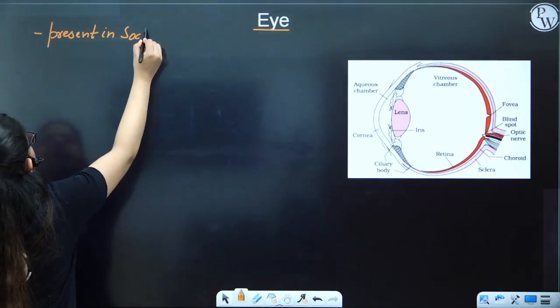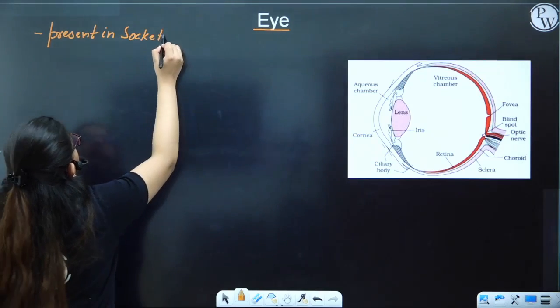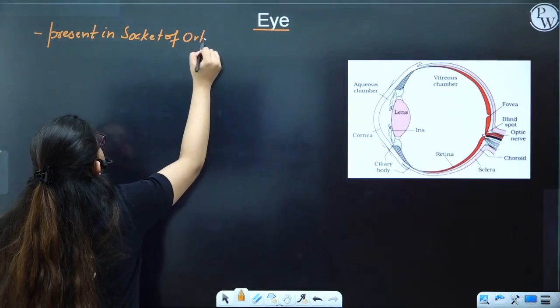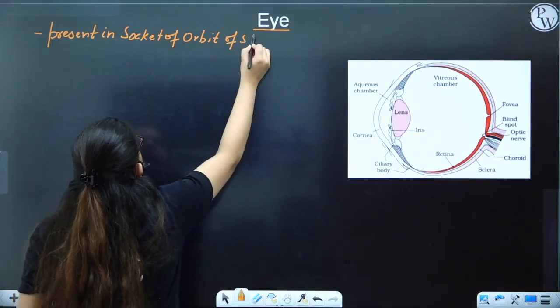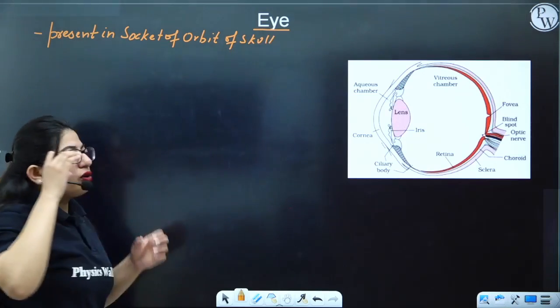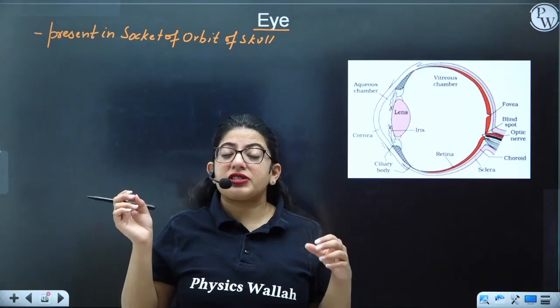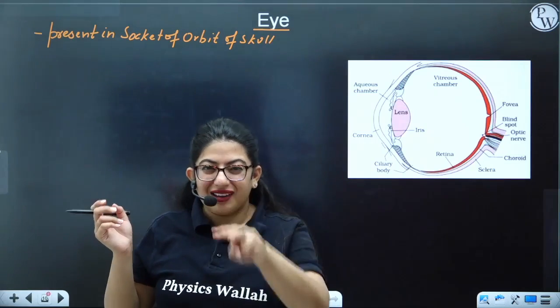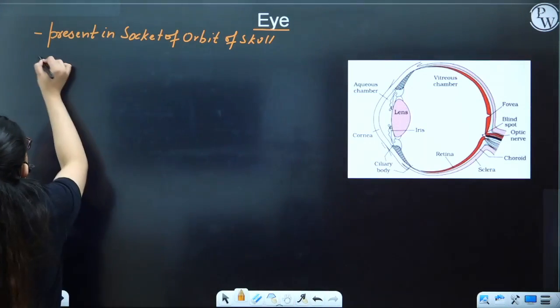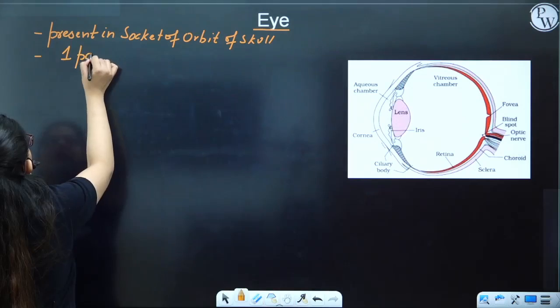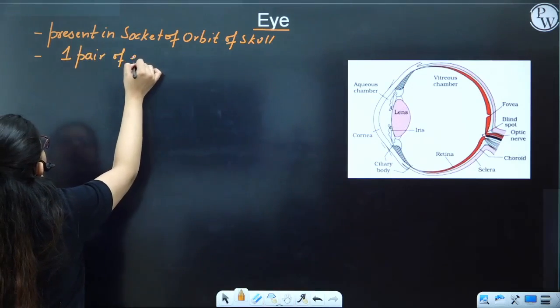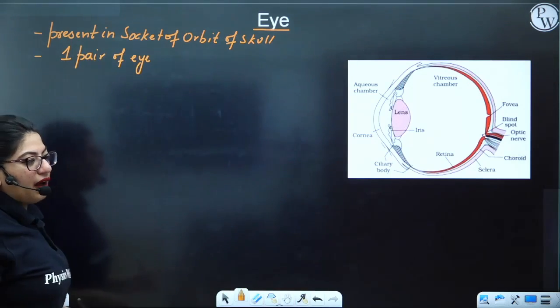In the skull we have that small, round hole-like structure, and in this your eyes are present. How many eyes do you have? Yes, one pair. So we have one pair of eyes.